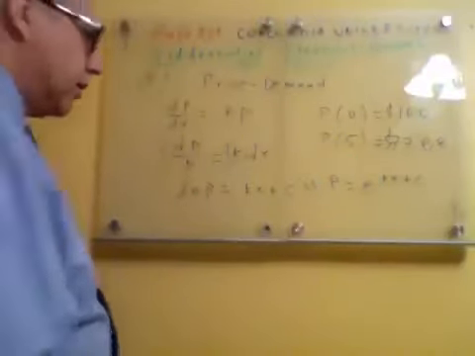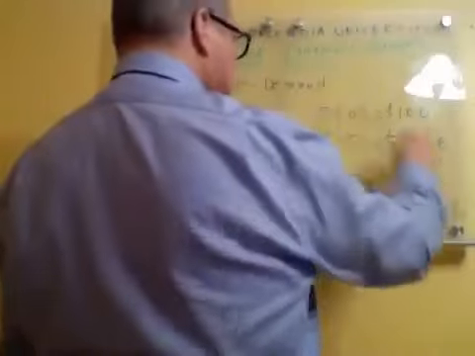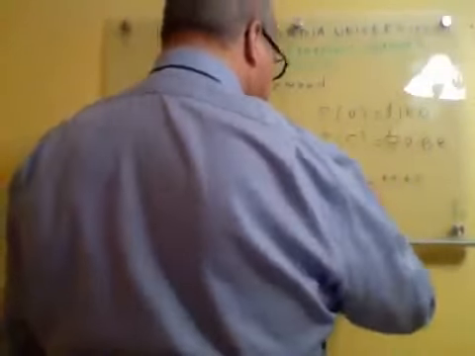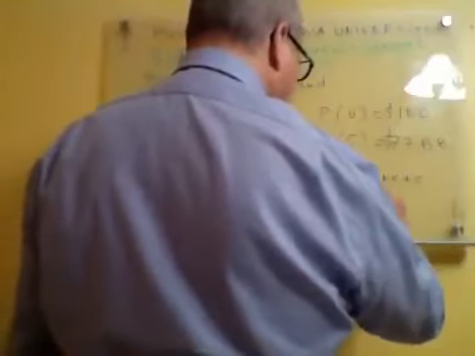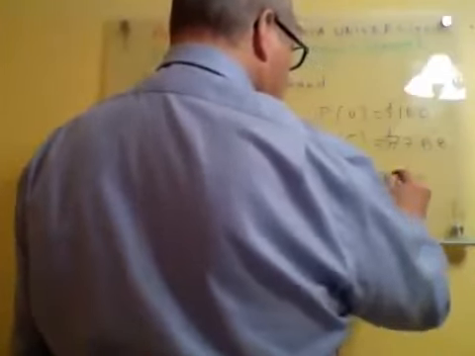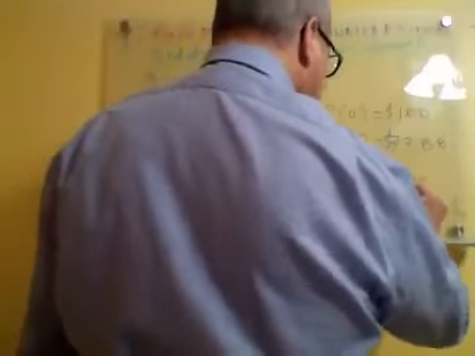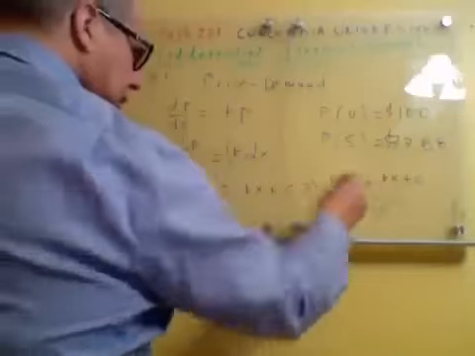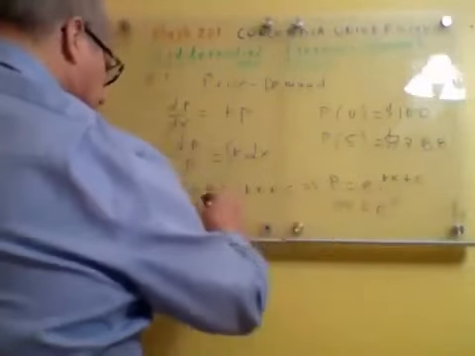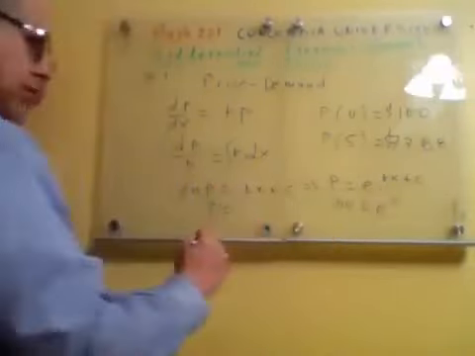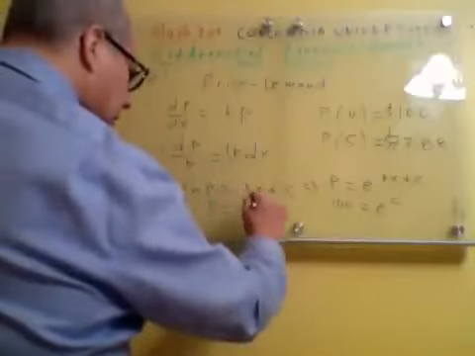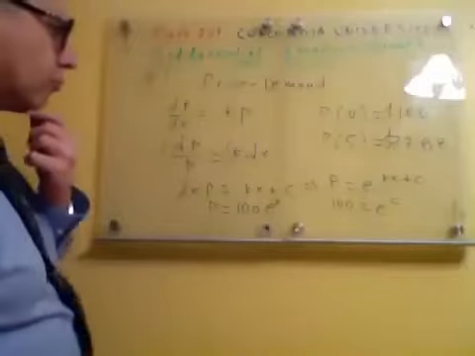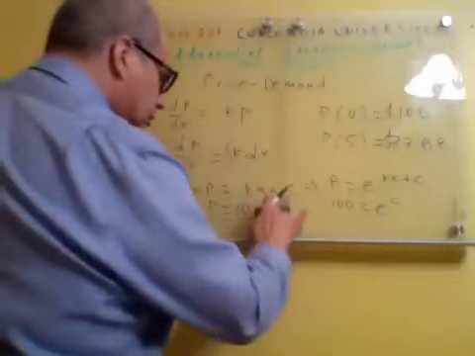And we know that at x equal to 0, we have that P is equal with 100, so that means that 100 is equal with e to the c. So we can rewrite this here as P is equal with 100 times e to the kx.